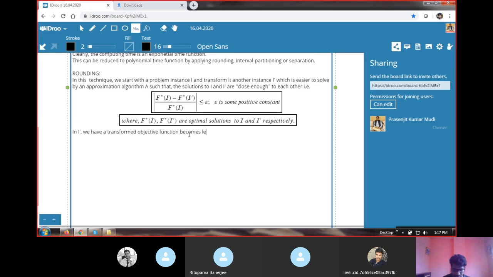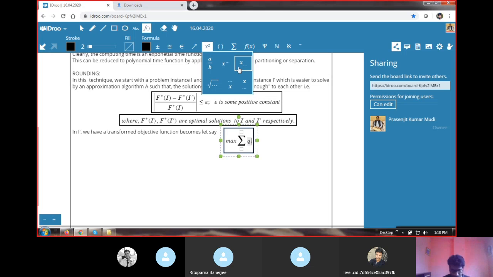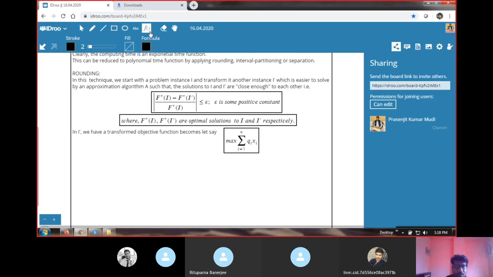max of summation over some q, not p, but q i, i belongs to n. Right.